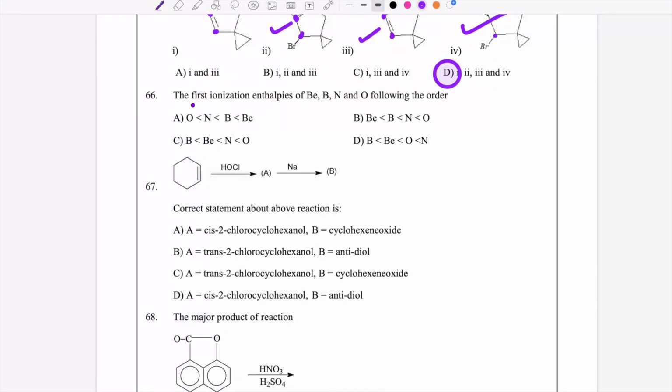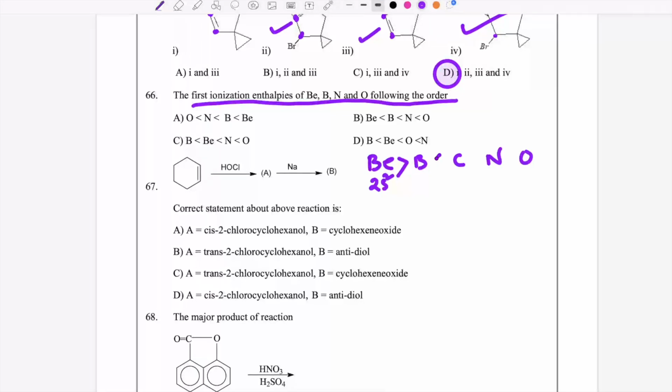Right, next, first ionization enthalpies of beryllium, boron, nitrogen, oxygen are in the order. We have got some missed elements, so let's write all the elements: beryllium, then boron, carbon, nitrogen, oxygen. Beryllium is greater than boron because it has 2s2 configuration.